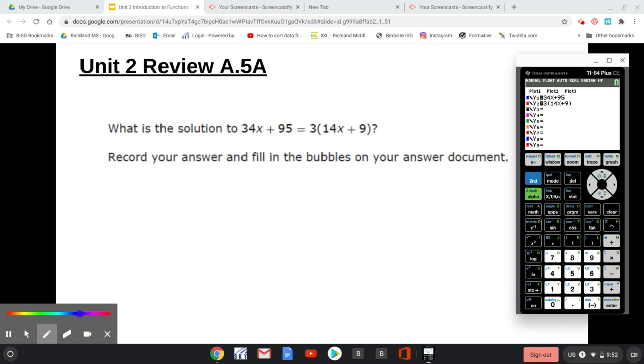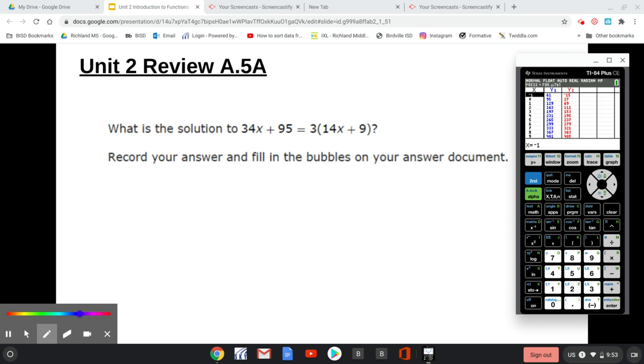And let's see what we get. I'm going to hit second table, and I'm going to look for where the numbers get close together. I can see at 8, they're pretty close, but they're not exact. And then they start getting farther apart. So I'm going to have to solve this one because I can't see exactly what it is.